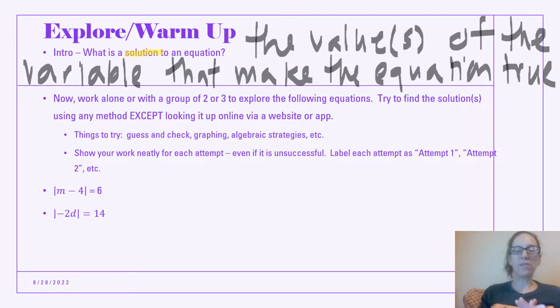So you can pause the video and write that down if you are watching from home. Just take a moment and let that sink in. All right, so it's the values of the variable that make the equation true.